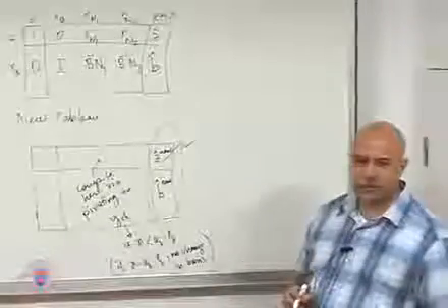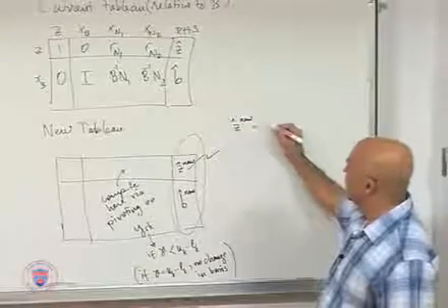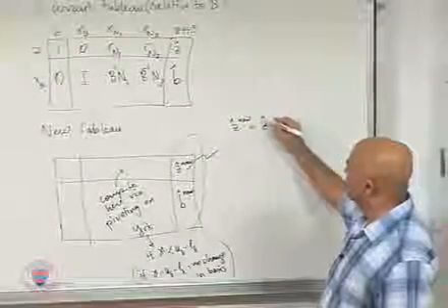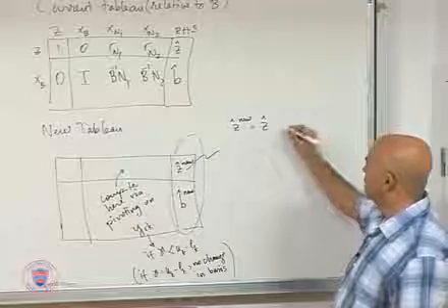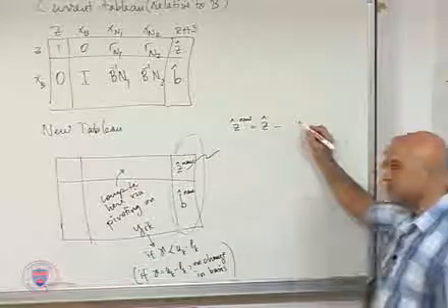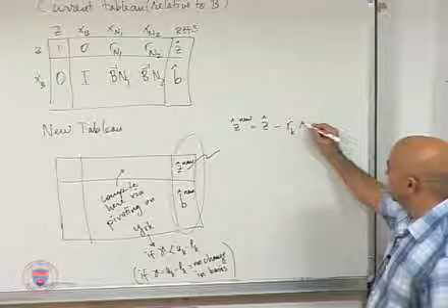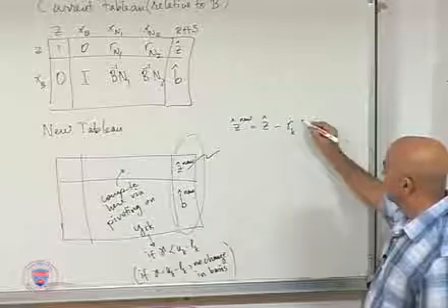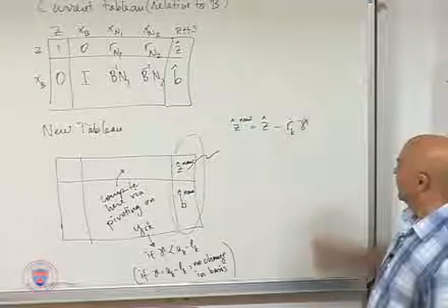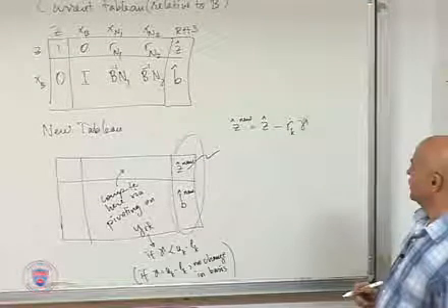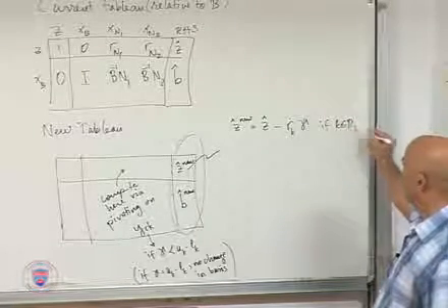How do we update Z new? Well, it's simple. It's going to be the old value, which is Z cap, which is already computed. And how do we change that? Well, it's Z cap minus RK times gamma if K is in R1.